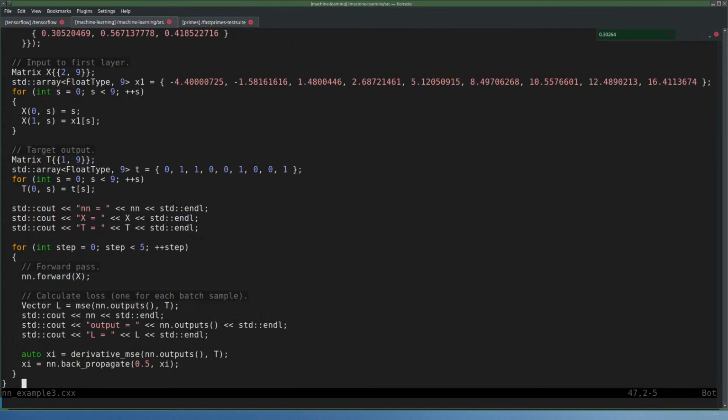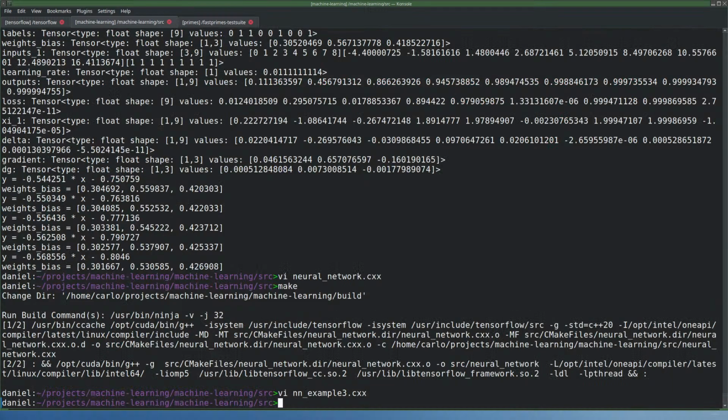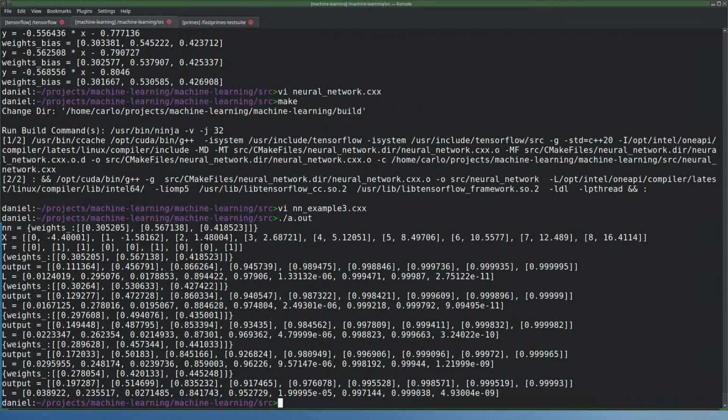Let's print a neural network before we do a forward pass. No, that should not make a difference. Actually, I'm already printing it here. I should be printing that. That's the initial value.